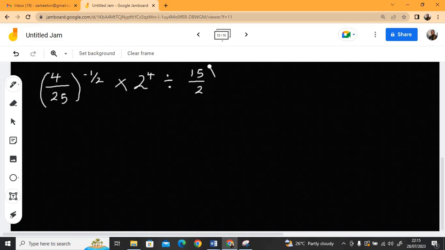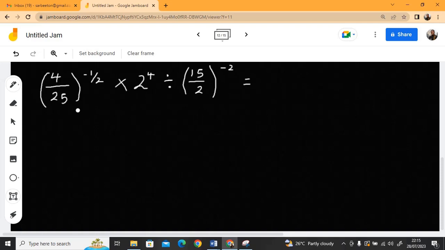Okay, now you have this question: 4 over 25, raised to the power of minus 1 over 2, times 2 raised to the power of 4, divided by 15 over 2 raised to the power of minus 2.